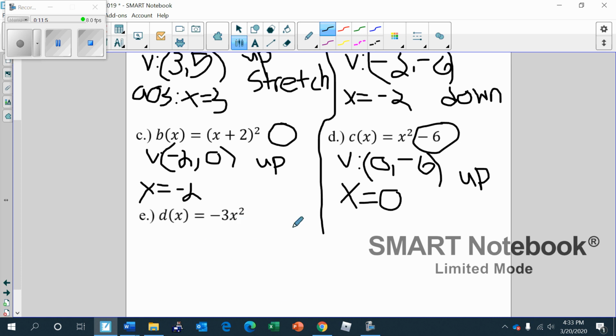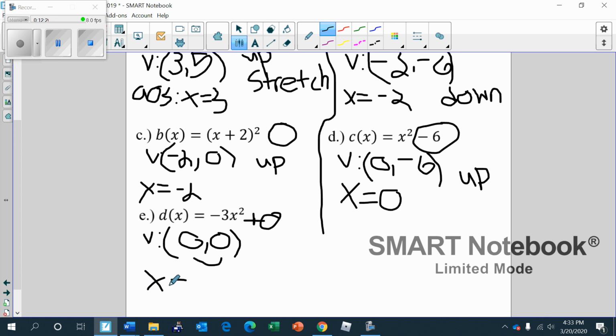Okay, let's look at the next one. Notice, even though the -3 is attached, there's no parentheses that's adding or subtracting anything to the x value. So our vertex in this case is actually (0, 0). Because watch, there's no parentheses. Oh look, it kind of looks like a happy face. There's your (0, 0). And there's nothing being added over here, so it's still 0, so we'll do +0.